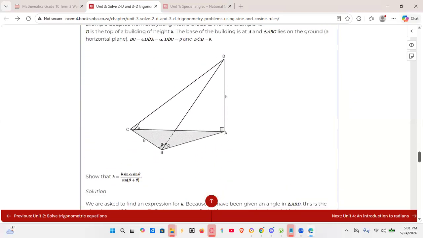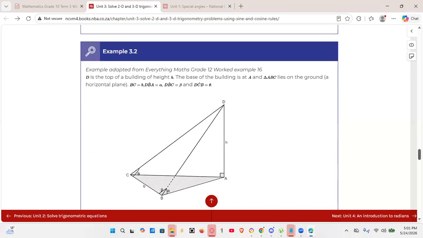Then we briefly looked at this one as well. It seems very straightforward. But here we have theta, we have beta. That means in the corner we have 180 minus theta plus beta. Then we can already see we have a surface, the base of a building, top H, lies on the ground.